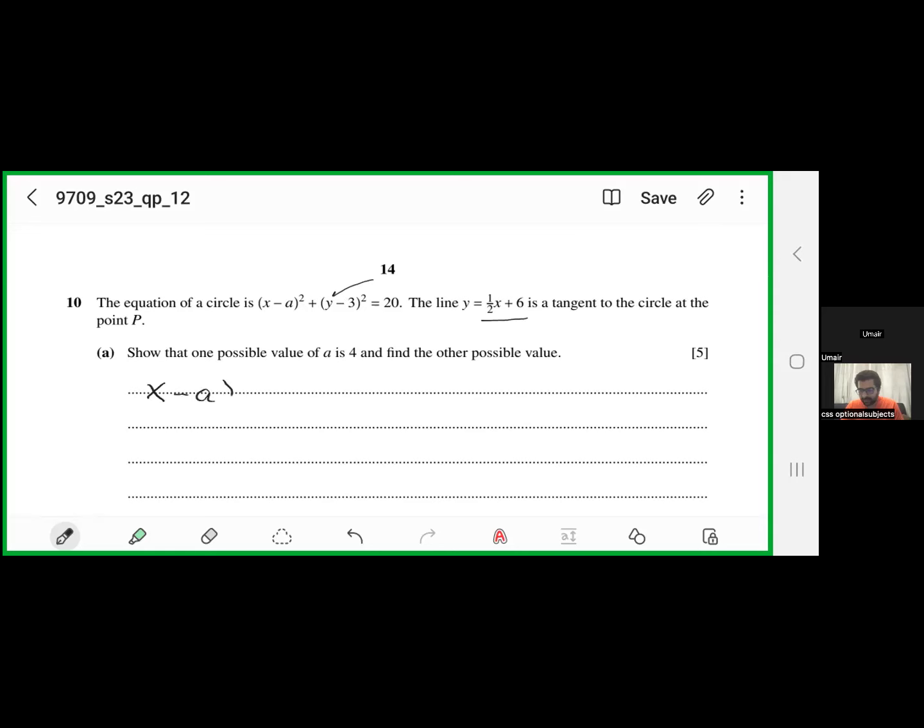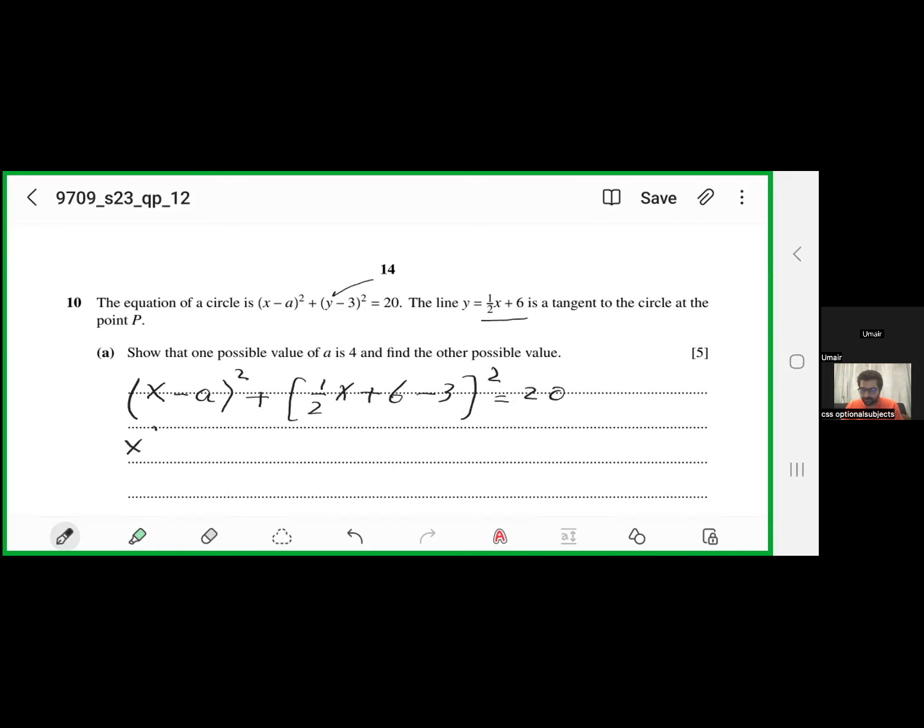because it is tangent to the circle. x minus a square plus, in place of y use 1 by 2x plus 6 minus 3 square is equal to 20. Now simplify this equation to have a quadratic equation.